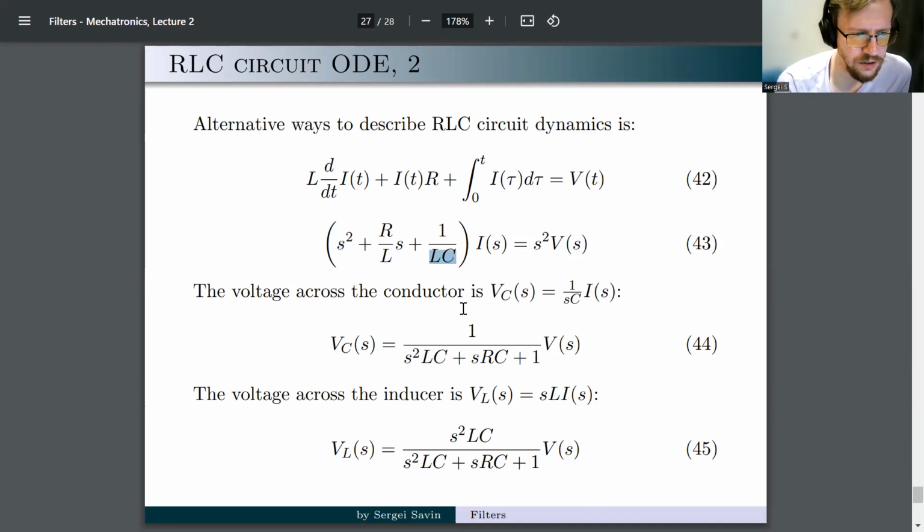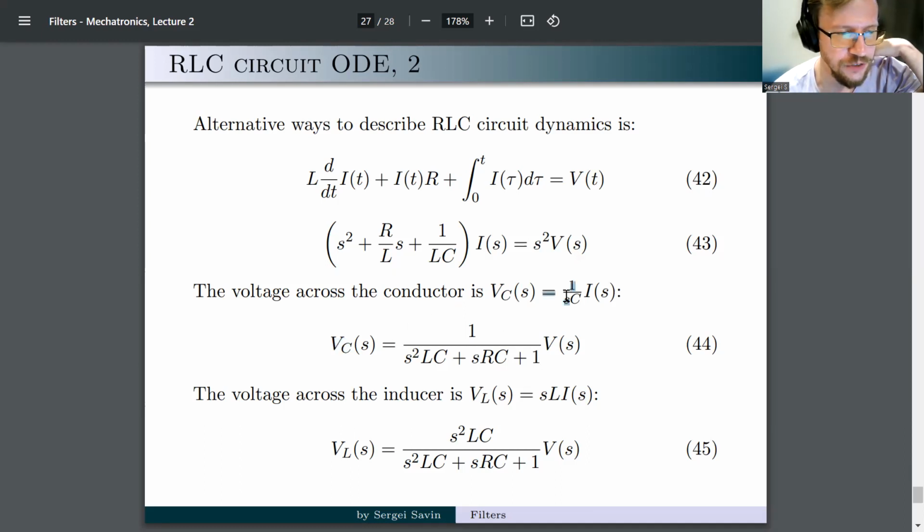Then LC should be upstairs, and LC plus RC plus 1 should be downstairs. I will double check all this after the lecture, just so we don't have any more typos. My apologies.